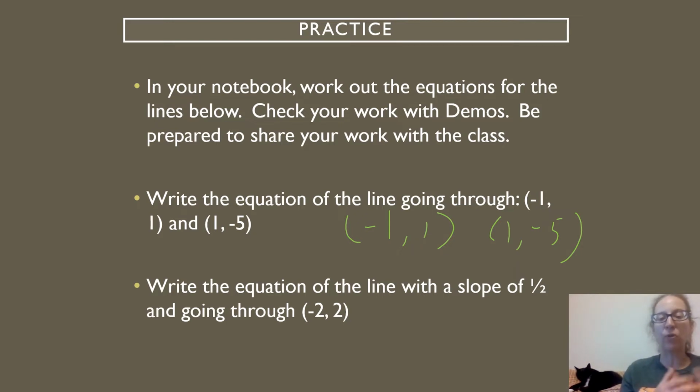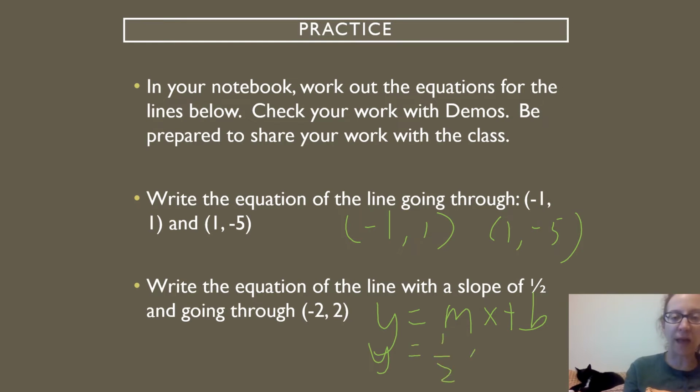Now, the second one is: write the equation of the line with a slope of 1/2 and going through (-2, 2). That's actually easier than the one that I did because in my problem, I had to find the 1/2. This time it's already given for you. If you're thinking y equals mx plus b, you already know the m, and all you need to do is find the b, which is not 2, because 2 is not on the y-axis.